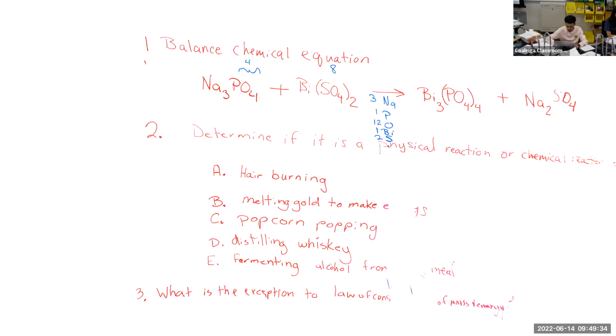Okay. On the product side, how many sodiums? 2. How many phosphorus? 4. How many oxygens? So I have 4 times 4, which is 16, plus 4, that's 20.